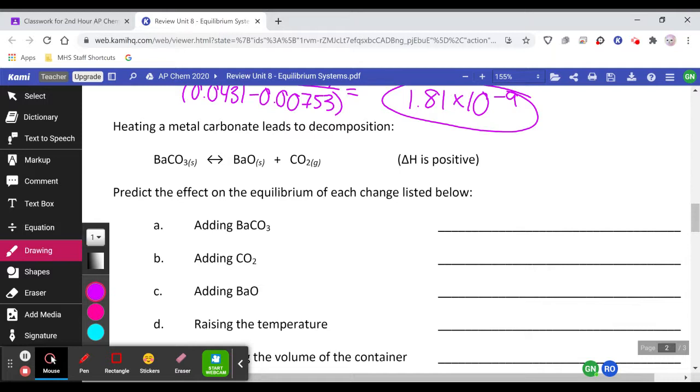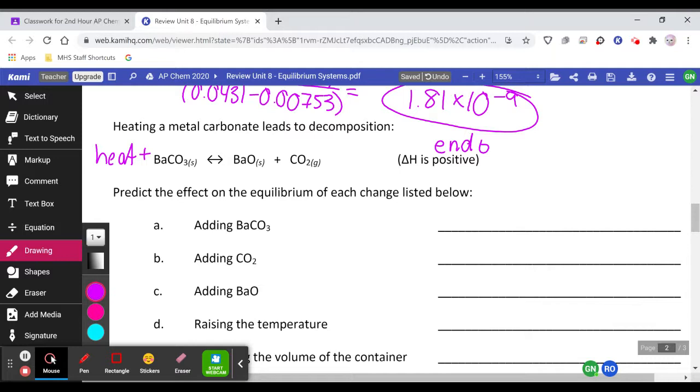Would it be on the right or left? If we're endo, on the left. On the left. So what I like to do is go ahead and put heat plus over here, because we know if we add heat, and we know how that's going to affect equilibrium, or if we take away heat, if we cool something.